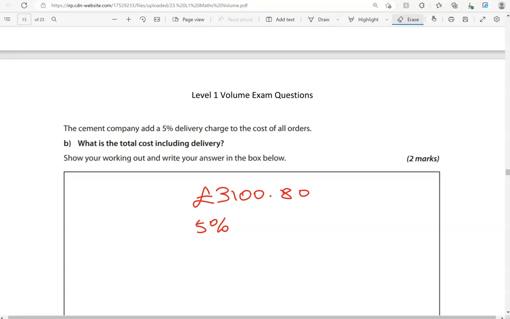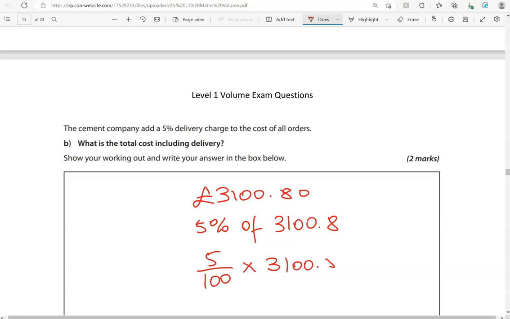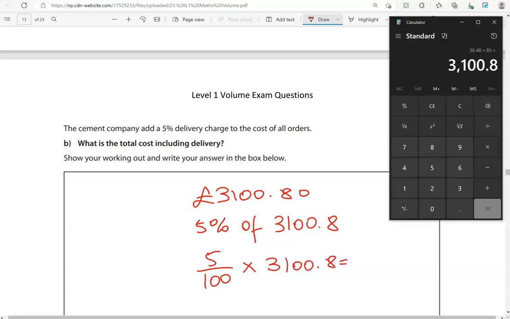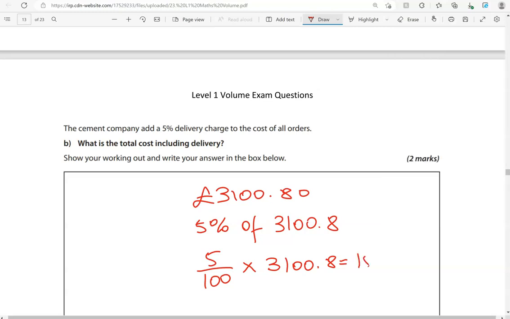So 5%, that is 5 out of 100, which is also 0.05 of 3,100.8. That is £155 and 4 pence.